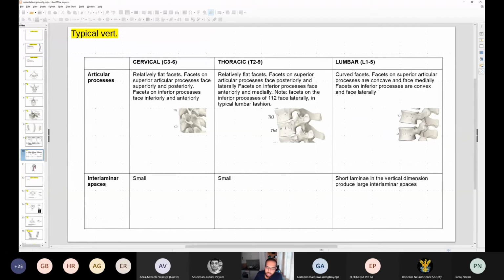The interlaminar spaces are small in this. So interlaminar just means the spaces between the laminae. So this is the lamina, this is lamina, and you have laminae here, and it just means the posterior arch. So they are small in the cervical and thoracic region, and they are large in the lumbar region because the laminae are short, like we said earlier.